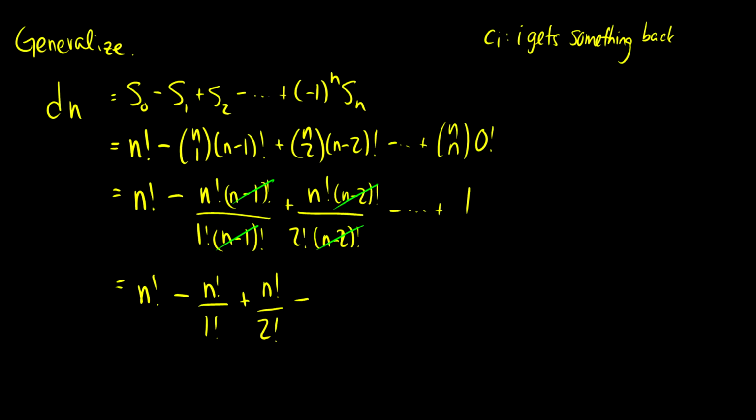If we keep going, we see a very nice repeating pattern: n factorial minus n factorial over 1 factorial plus n factorial over 2 factorial. The denominator keeps going up by 1, and the signs alternate. This goes all the way up to the last one, where we see a 1. We can rewrite 1 as n factorial over n factorial, so we'll leave it like that.